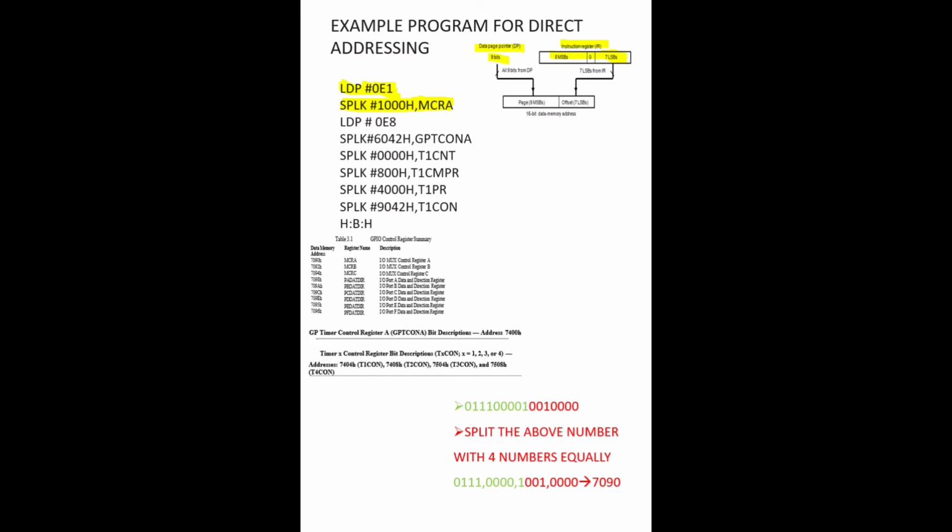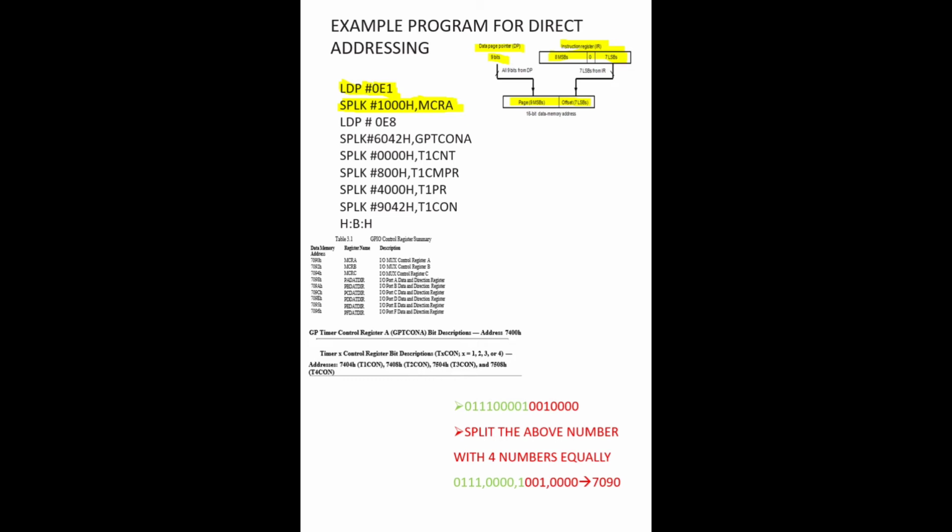The 7 bits, while reading this instruction, the instruction register automatically will load a 16-bit. In that, the 7 bits alone I require. That 7 bits along with this 9 bits will frame a 16-bit address. That 16-bit address of what? This MCRA. So this MCRA address I have found with the help of the first line LDP 0E1.